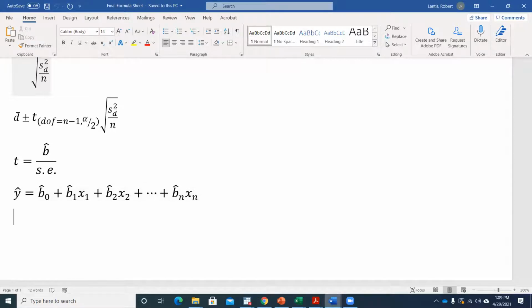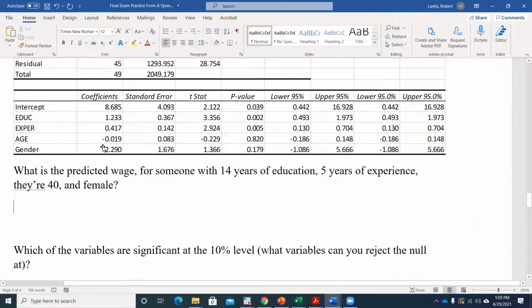So if we're looking at what we have, first I'll take that intercept. I don't want to forget that. That's a common mistake I see people make a lot. We always add the intercept into our prediction, even if all the variables were 0. We start at that intercept. We'll then take the coefficient on education, 1.233, and multiply it by that person's years of education.